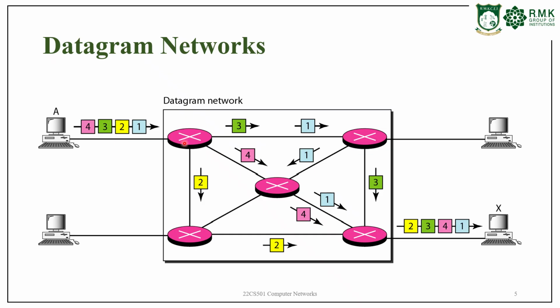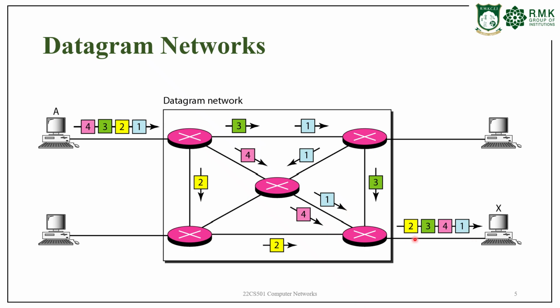The third, from this router to this router, and this router to this router. The fourth, this router to this router, and then it is transmitted to the receiver. But the receiver receives all the 4 datagrams in this order: 1, 4, 3, 2.